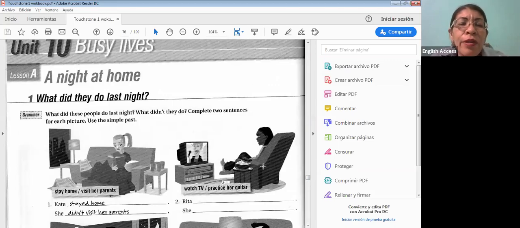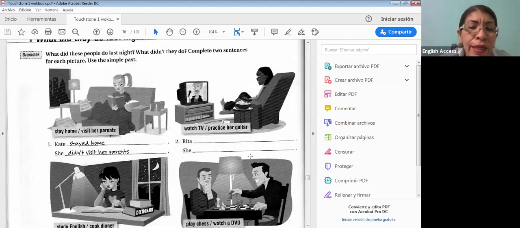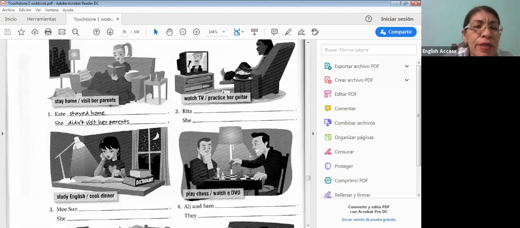Here you're going to complete these sentences according to the pictures, using affirmative and negative statements. It says, what did these people do last night? What didn't they do? Complete two sentences for each picture and use the simple past. Number one is your example: Katie stayed home and she didn't visit her parents.